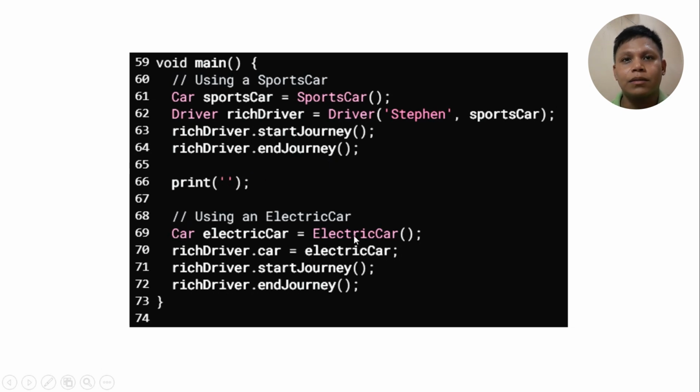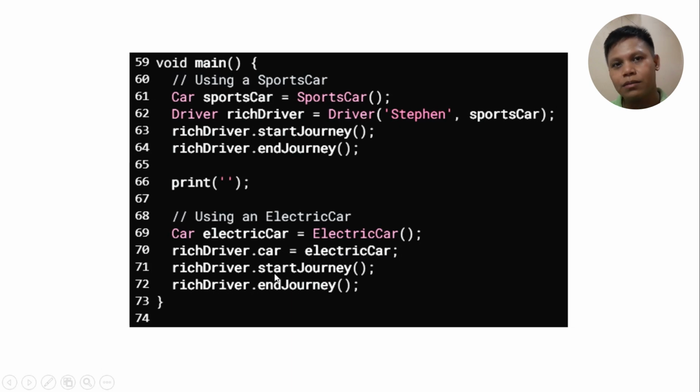After that, let's say Stefan's journey is finished, and he wants to start another journey, but he wants to switch to a different car, let's say an electric car. So this time, we create an electric car, and we use the setter to change the car he is using from a sports car to an electric car.